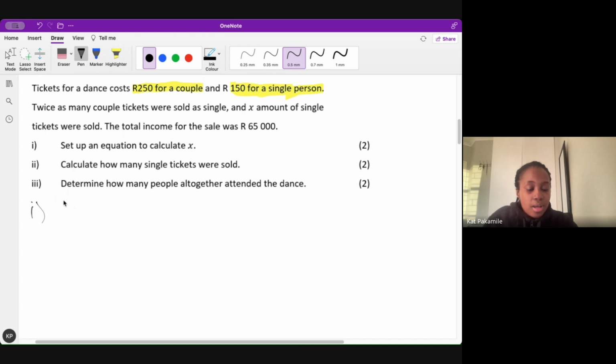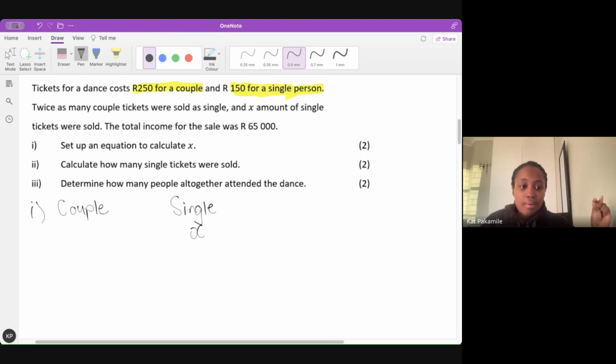So I'm going to write here couple and single. For amount, we've been told that there are X single tickets sold. And if they say twice as many couple tickets were sold as single, if single is X, then what will couple be if it has twice that amount of single, guys?